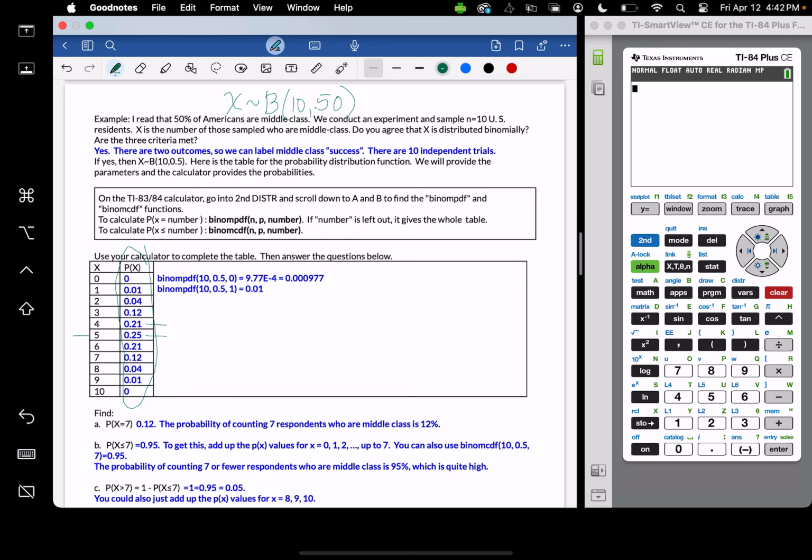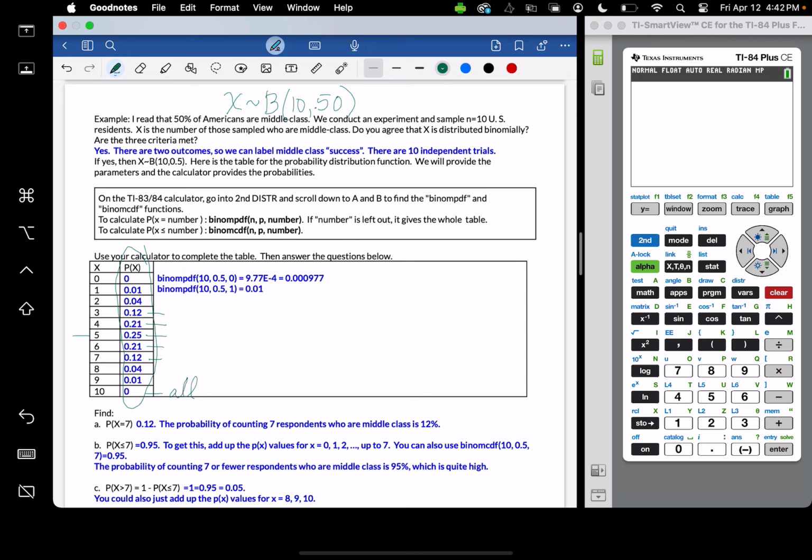But there's also a chance that we could get 4 or 6 people responding that they are middle class. And then there's a slightly lower value depending on sampling variability. We could get 3 or 7, it wouldn't be unheard of, just a little less likely. But as we go towards 0 or 10, it is pretty unlikely that nobody will report being middle class or that everybody would report being middle class.